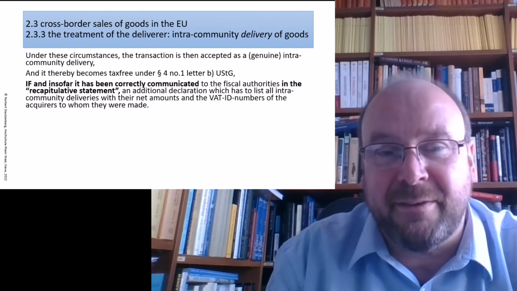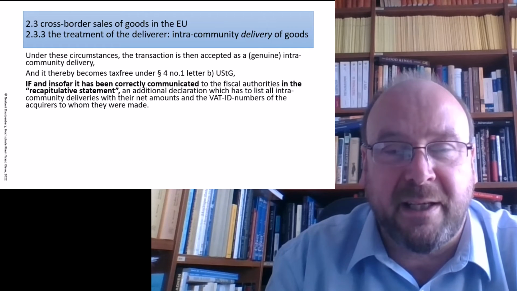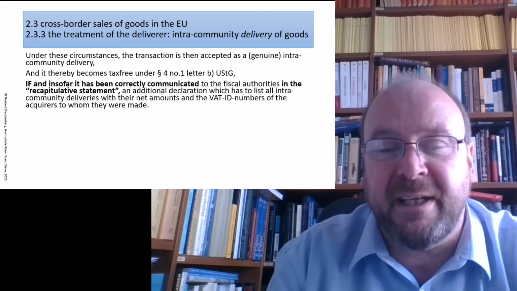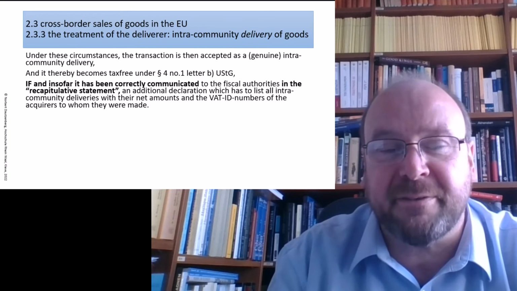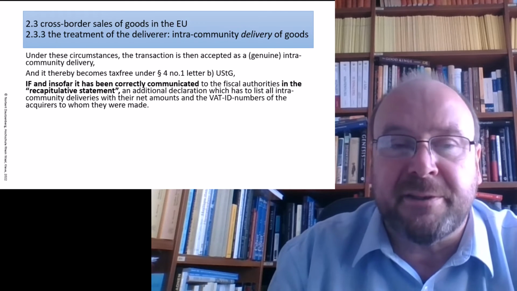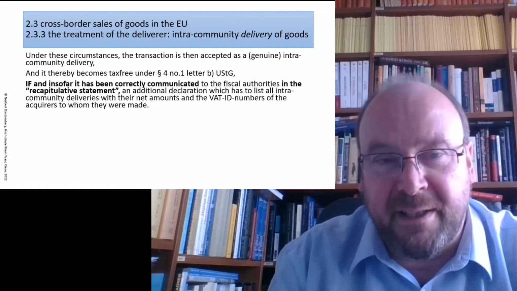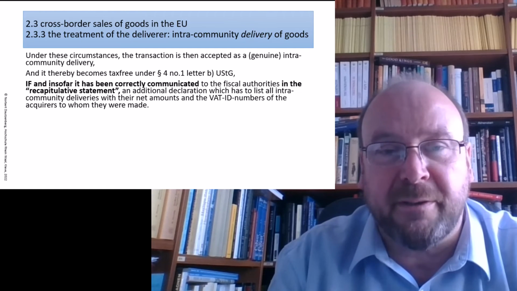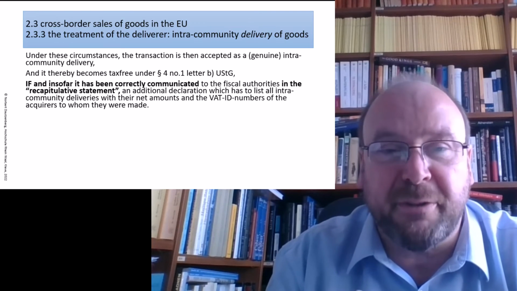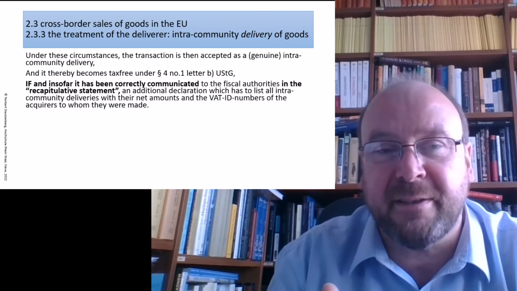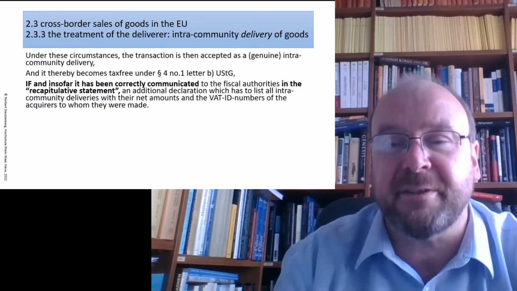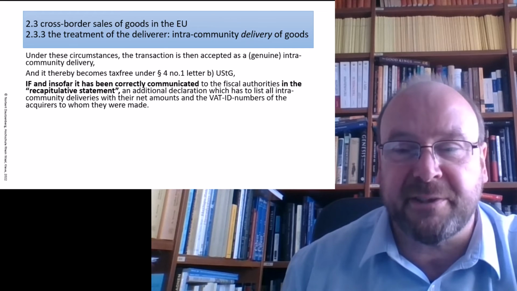which is an additional tax declaration which you have to make electronically, where you have to give the net amounts and the VAT identification numbers of all the acquirers during the last declaration period, so that the fiscal authorities can identify which acquirer from which member state during the last period, for example a month, bought which amount from you, and can then compare with the tax declaration for acquisition tax of these acquirers and check if it matches or not.